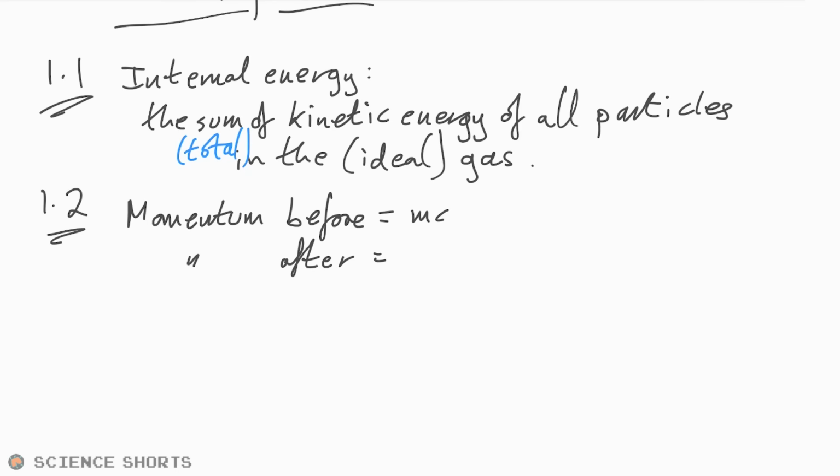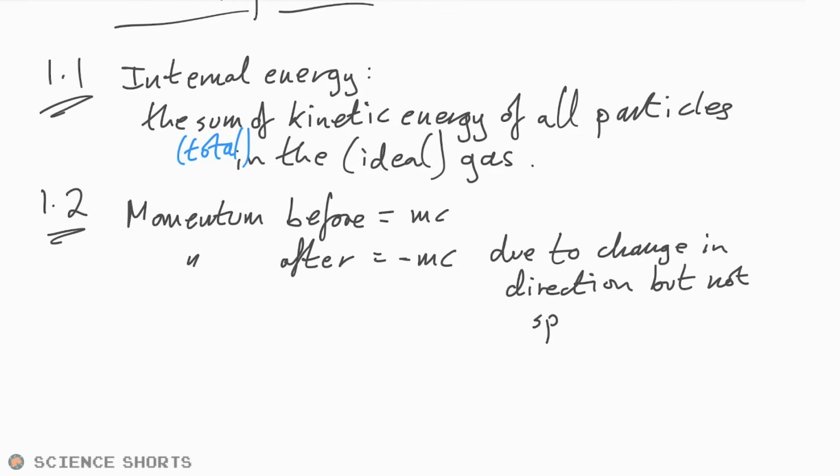But no, because it's travelling in the opposite direction, so it has to be minus c due to change in direction, but not speed, or we could say energy. So therefore delta p, the change in momentum, is equal to after take away initial, so that's minus 2mc.